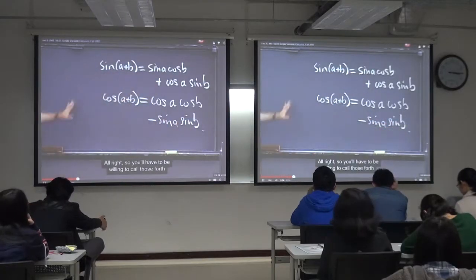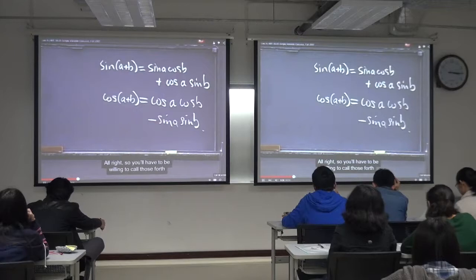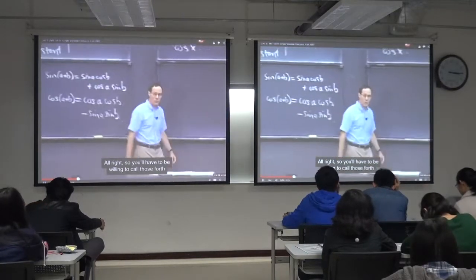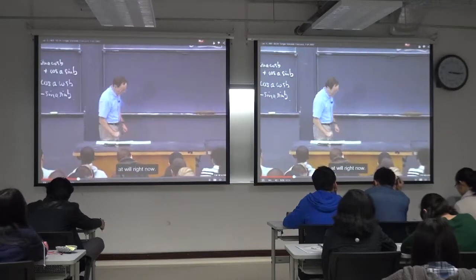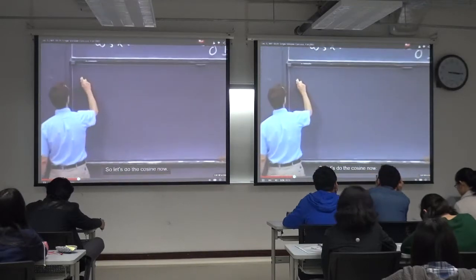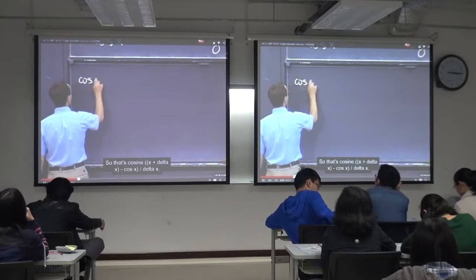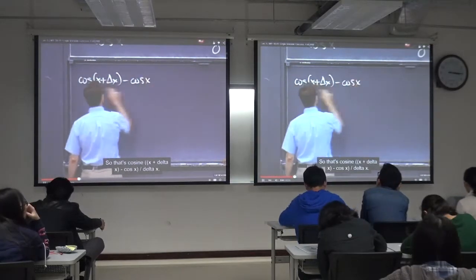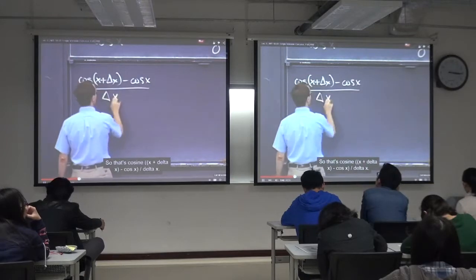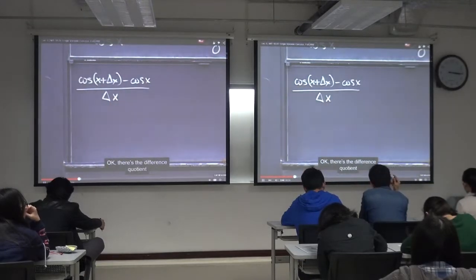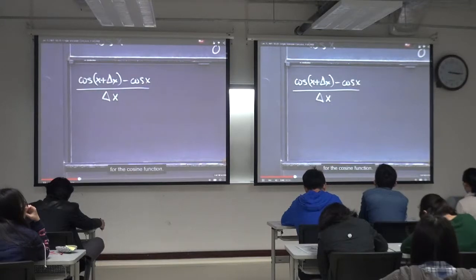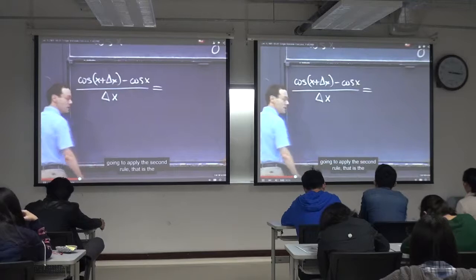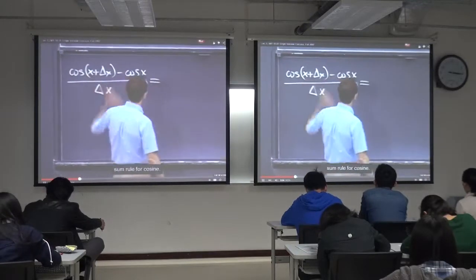All right. So you'll have to be willing to call those forth at will right now. So, okay, let's do the cosine. So that's cosine of x plus delta x minus cosine x divided by delta x. This is this quotient, the cosine function. And now I'm going to do the same thing I did before, except I'm going to apply the second rule, that is the sum rule for cosine.